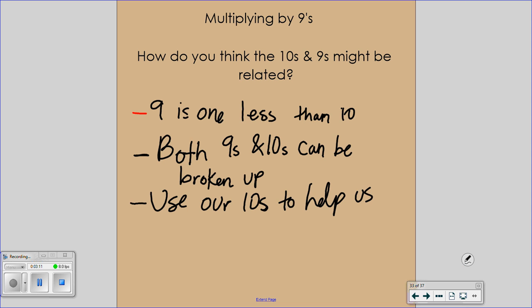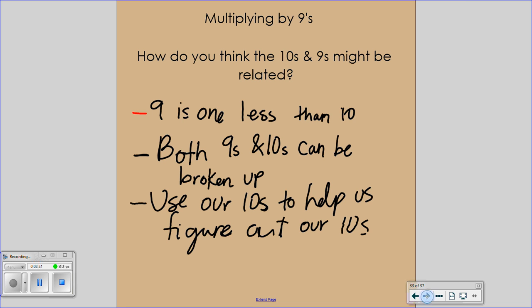What you got, Cheyenne? Good. Good. You should have something written in your notebook.